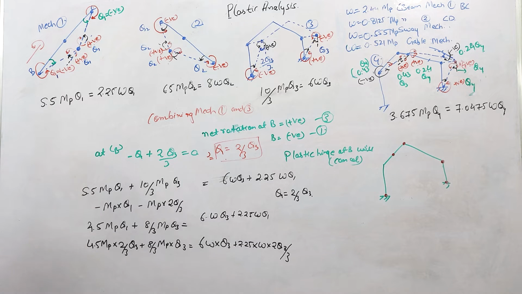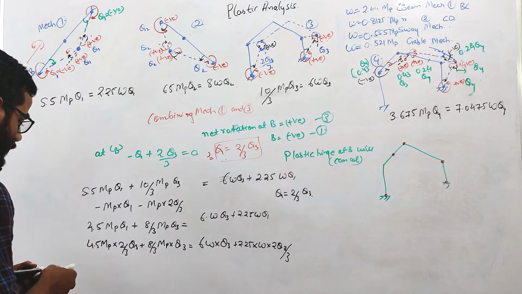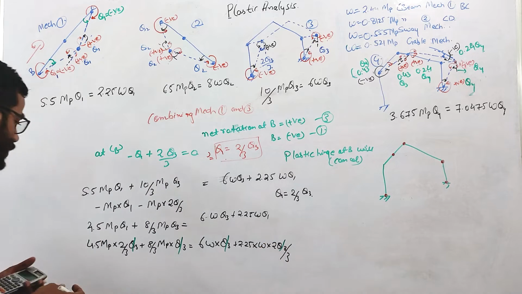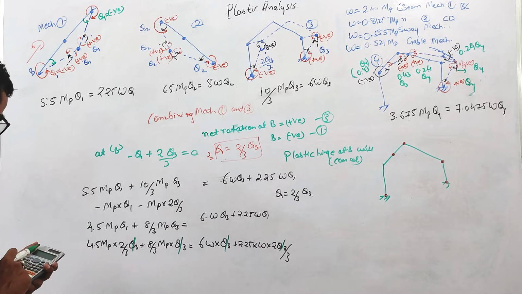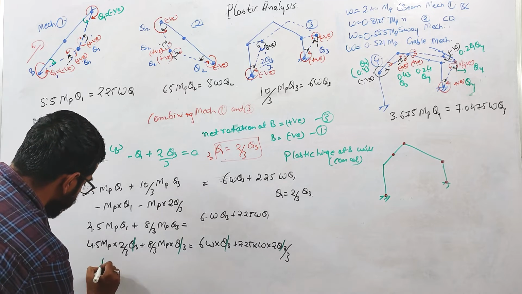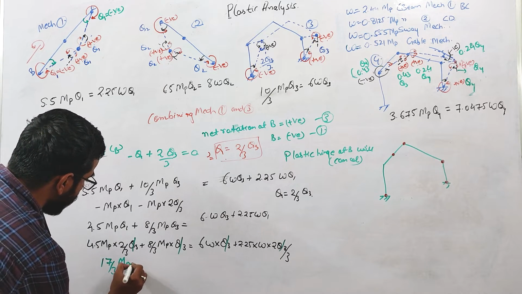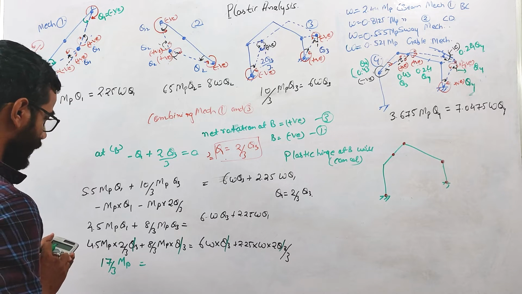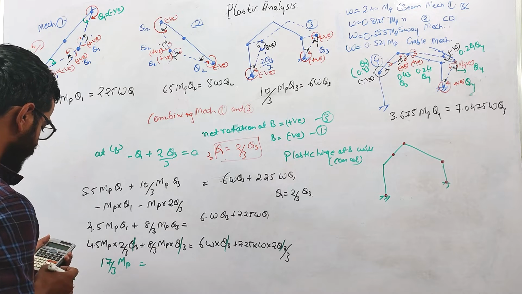So from here, theta 3 will cancel out, okay? And if you solve this, the value will be 4.5 into 2 divided by 3 plus 8 divided by 3. So this is 17 by 3 MP equals 6 plus 2.25 into 2 divided by 3.